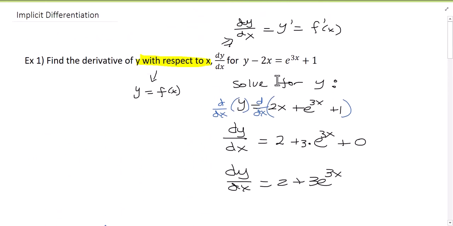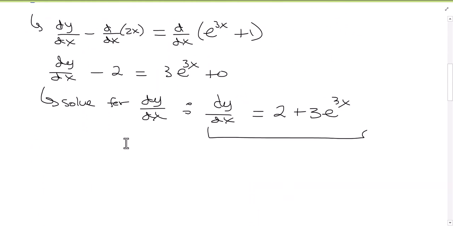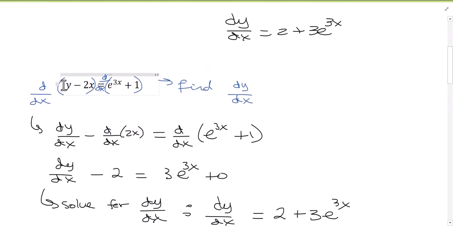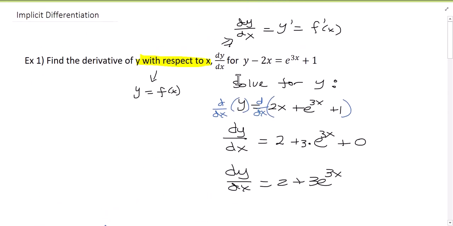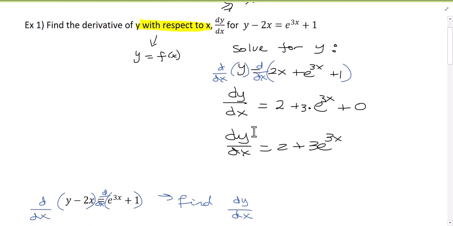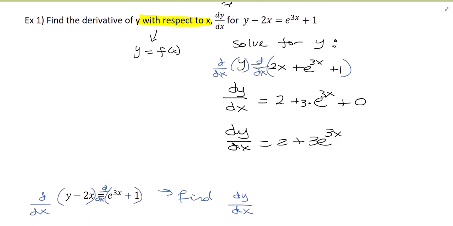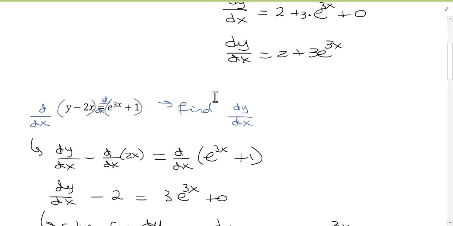Well, here I solved for y, and then I found a derivative. Whereas here I didn't put the y in terms of x. I just know that y is a function of x, so I can just take the derivative with respect to x of both sides, and notice that I still get the same thing, right? So this is why we say y is explicitly a function of x. So in this case, let me write it down below.